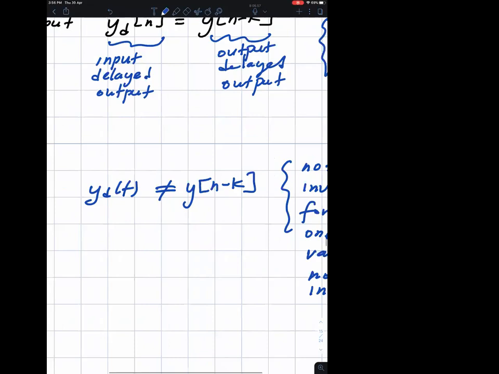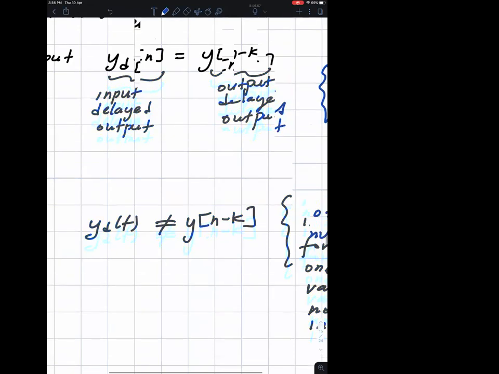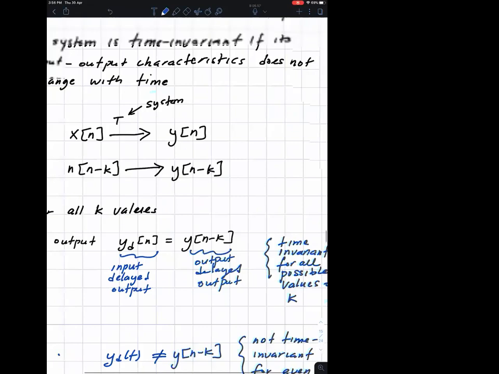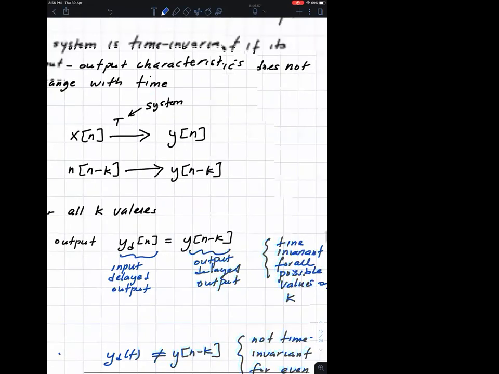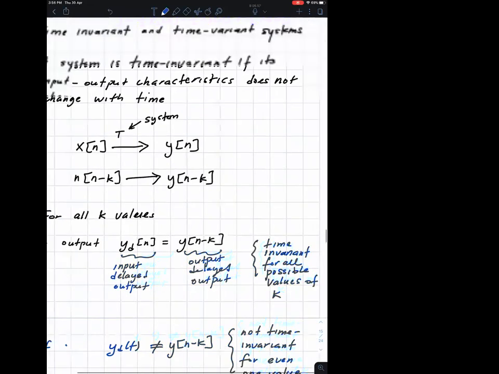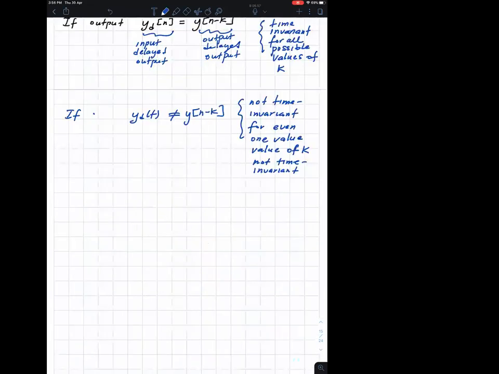It must hold for all possible values of k. Then only you call this time invariant. Okay, now we do an example. This is a very important example again. You have to understand this. Very important that you guys understand these things.